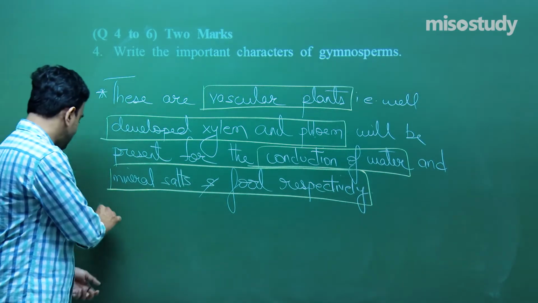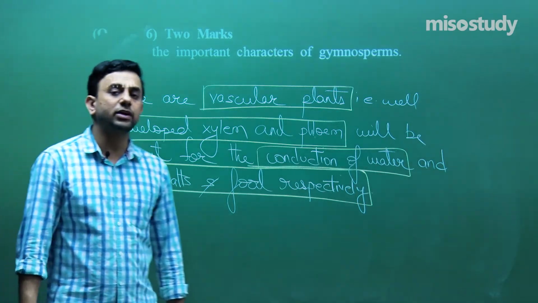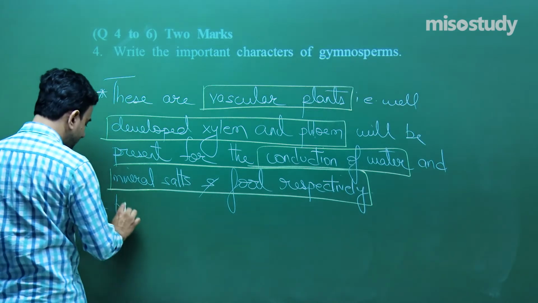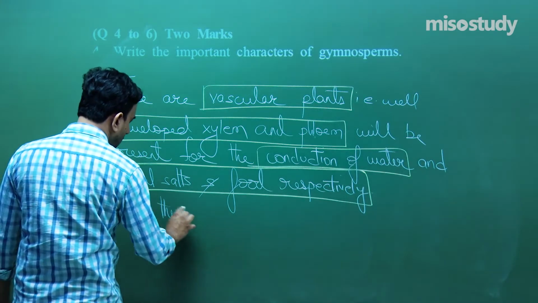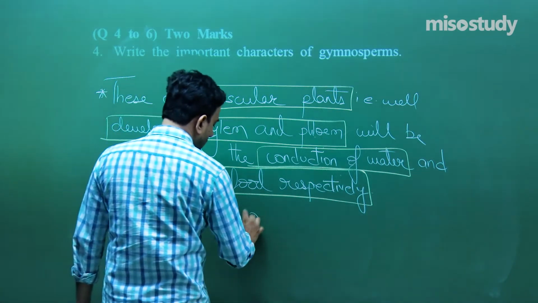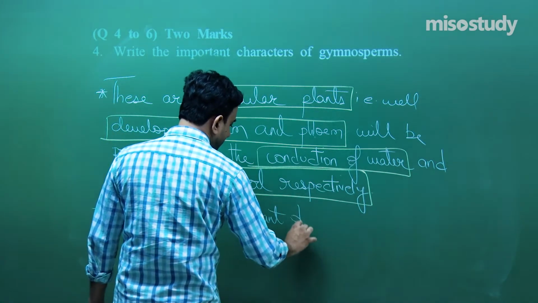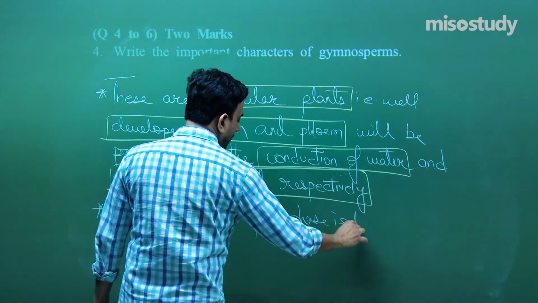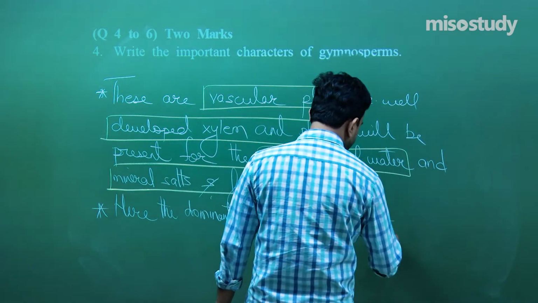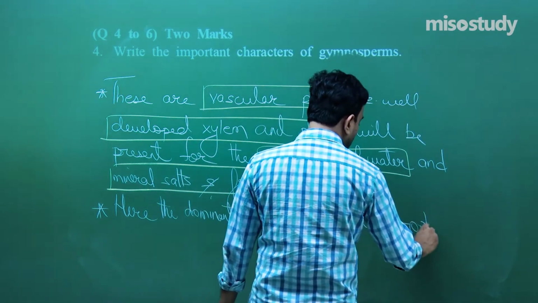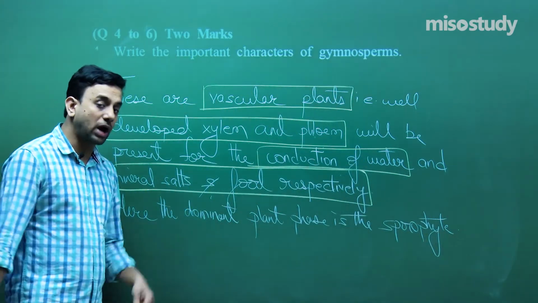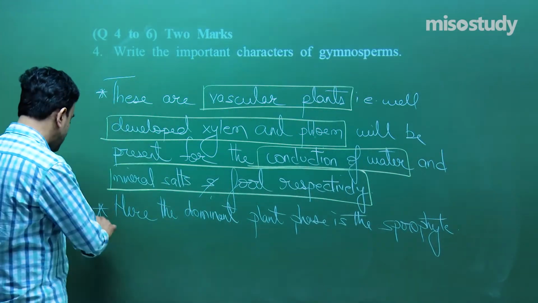What else? Here the dominant plant phase is the sporophyte, and definitely these are well differentiated, since they are on the higher side of the evolutionary scale.